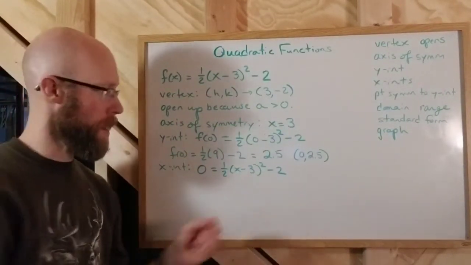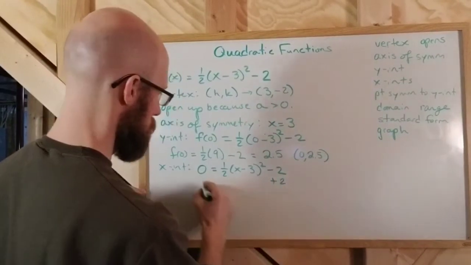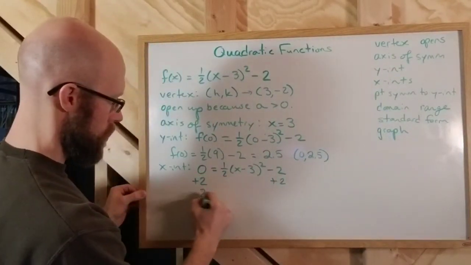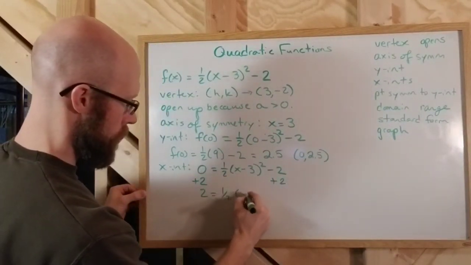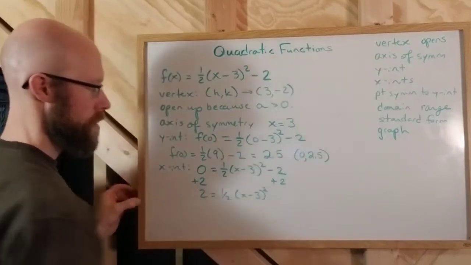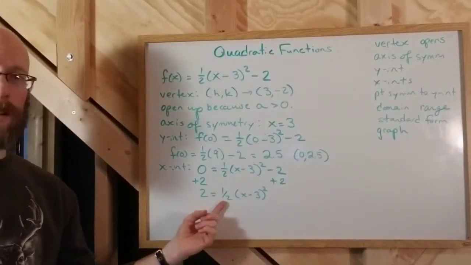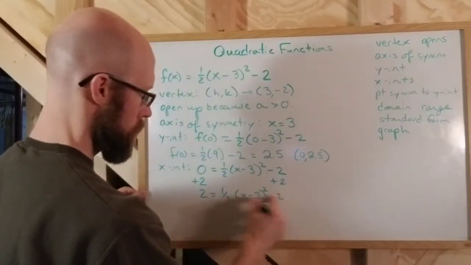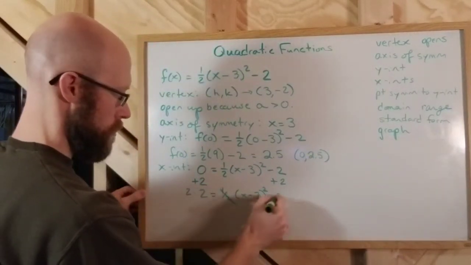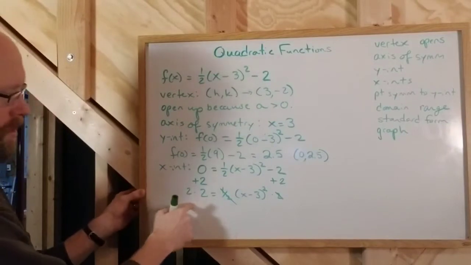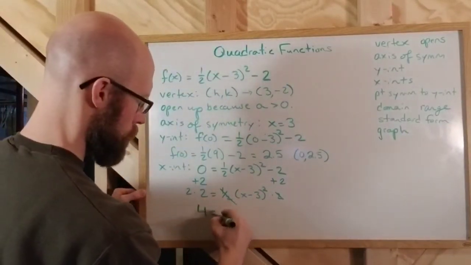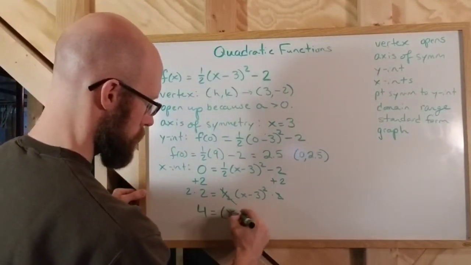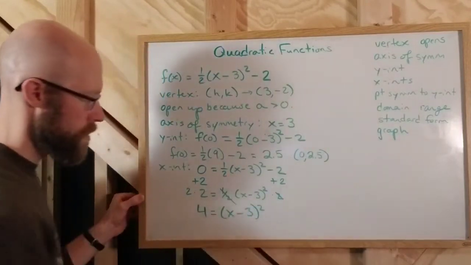So I'm going to start off by adding the 2 to both sides. You get 2 equals 1/2 of x minus 3 squared. Next is to get rid of the half. So I'm going to multiply both sides by 2. Right, so that'll cancel the half off. This would give me 4 on the left. 4 equals x minus 3 quantity squared.